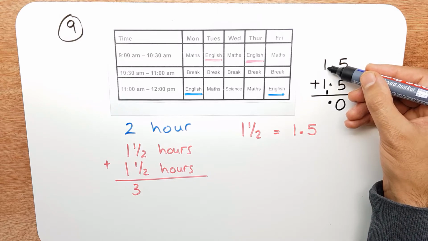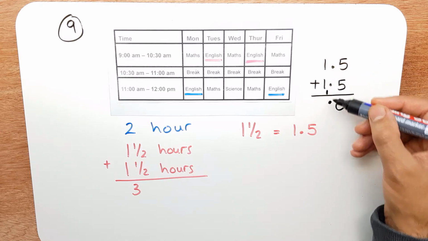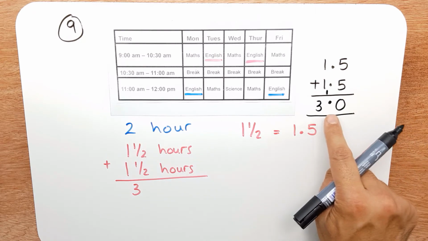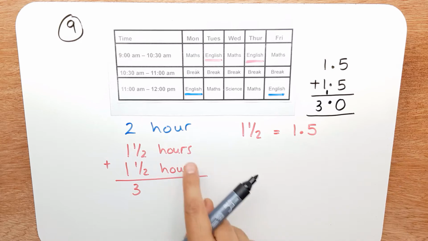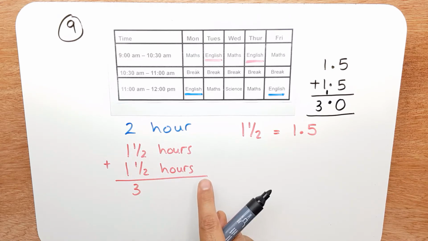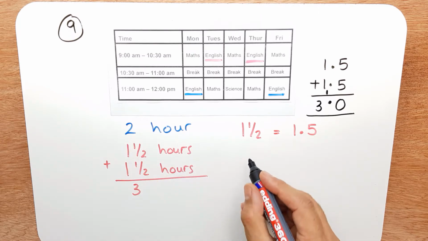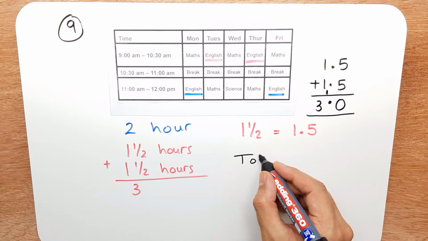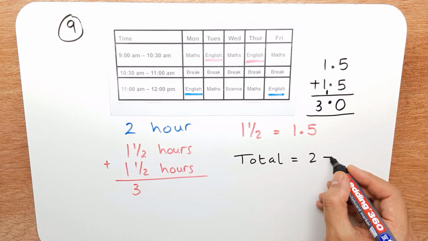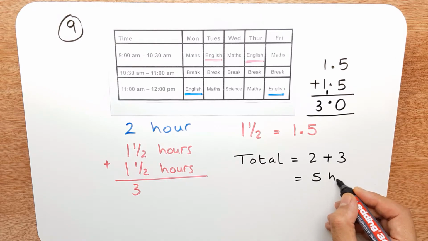Now it's 1 plus 1, which is 2, plus this 1, which is 3. So now we have 3 there. So 1.5 hours and 1.5 hours is 3 hours. So in total, the amount of English is 2 hours plus 3 hours, which is 5 hours.